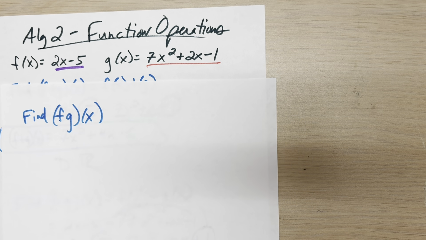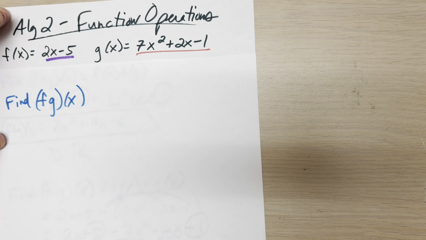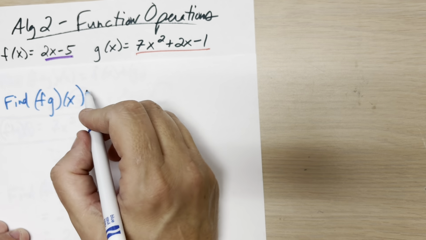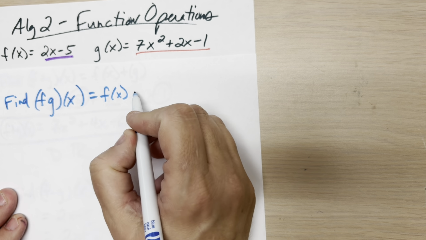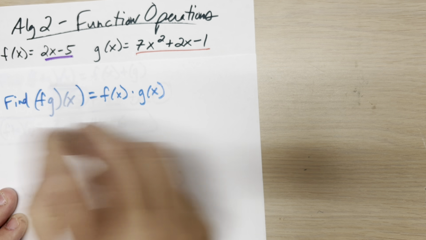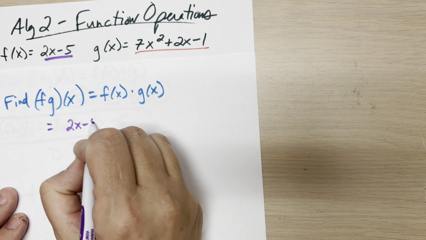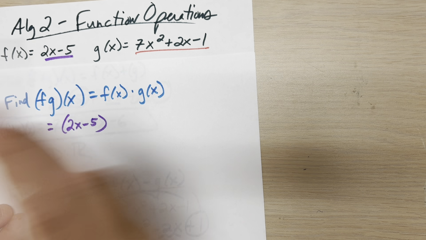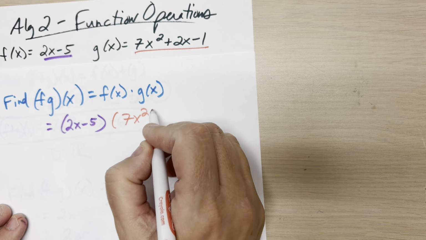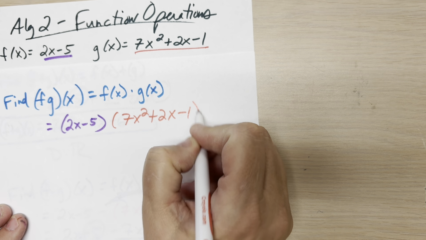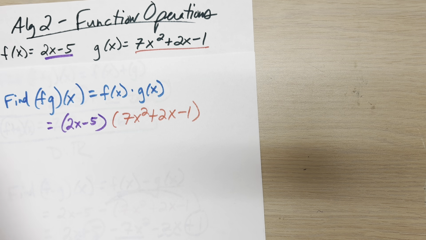Next, we're going to talk about multiplying these two things. So we have f times g of x, which is really just f of x times g of x. So we've got 2x minus 5 times 7x squared plus 2x minus 1. All right, get ready.